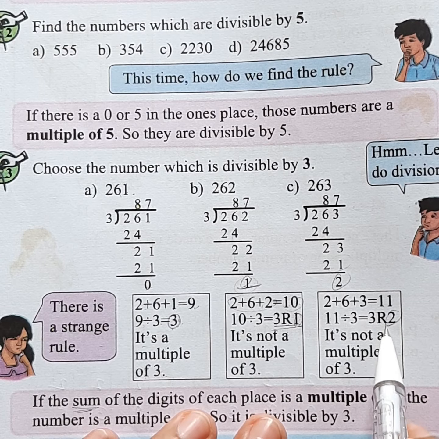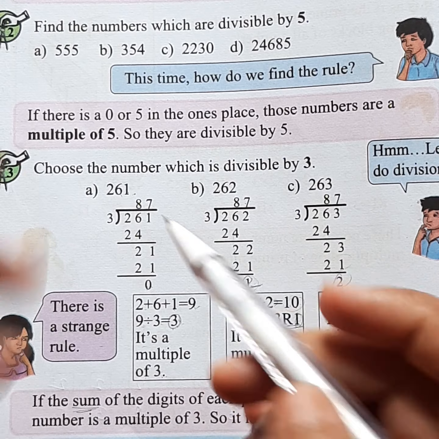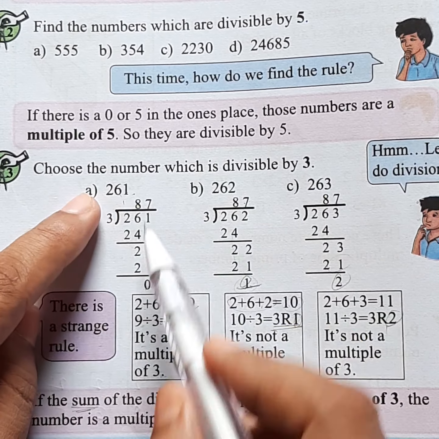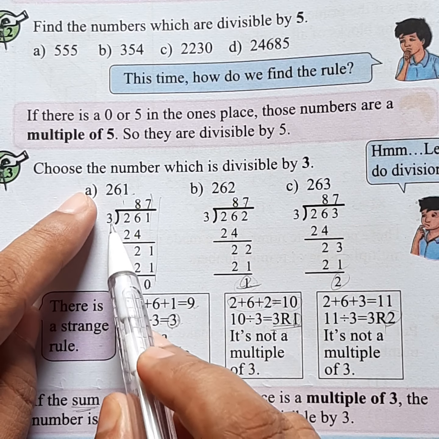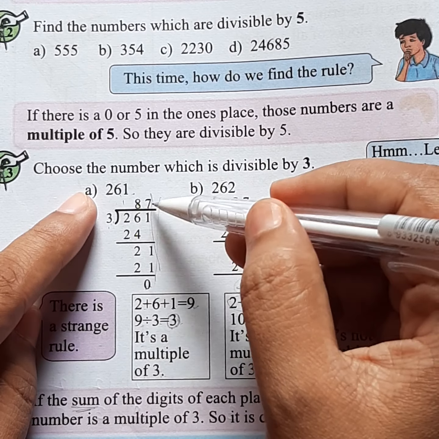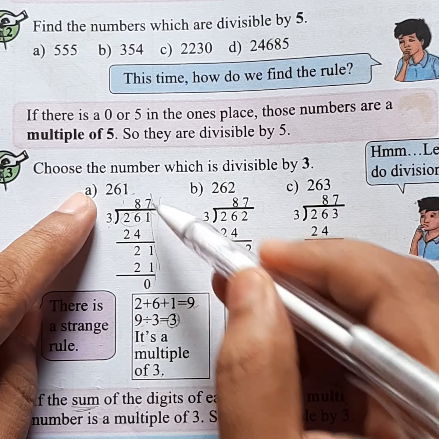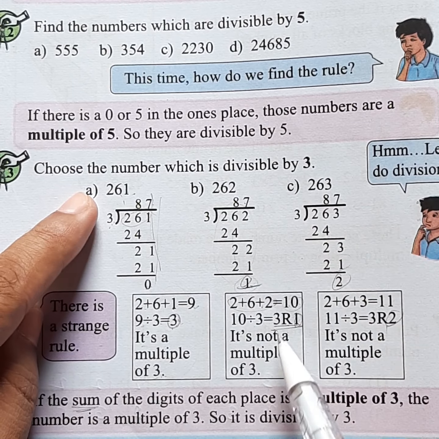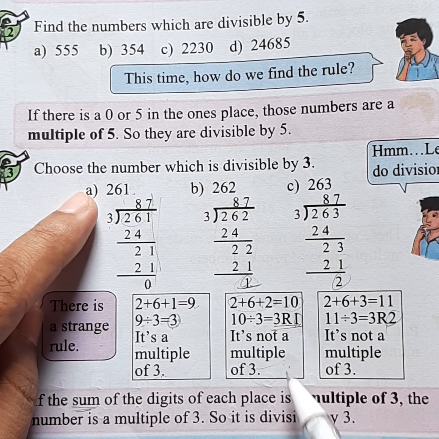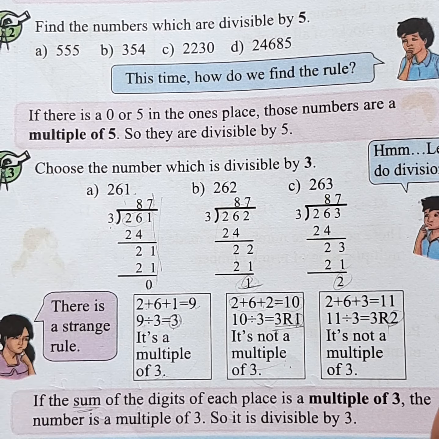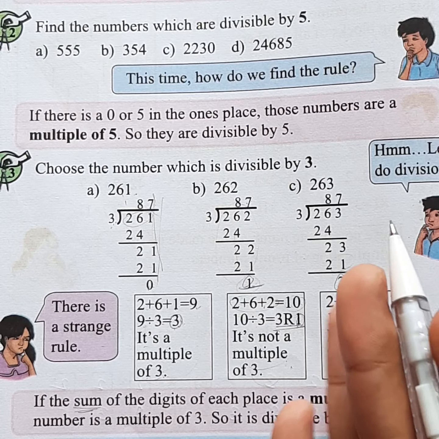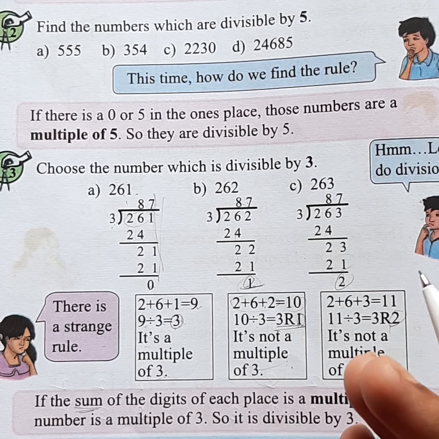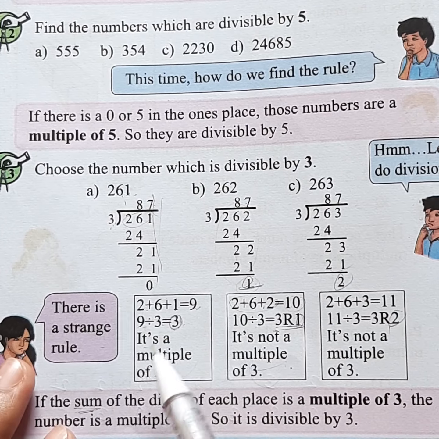Here it is also not a multiple of 3. So you can see that the one which divides fully can also be divided with 3. It means the whole number can be divided with 3 as we follow the rule. And the whole number that cannot be divided also follows the rules. Okay, both are almost the same, the way is different but almost the same.